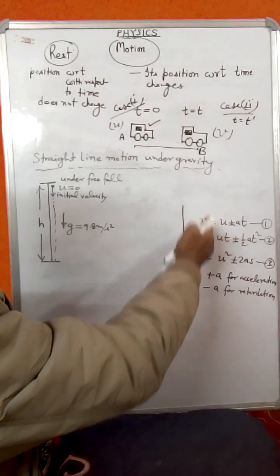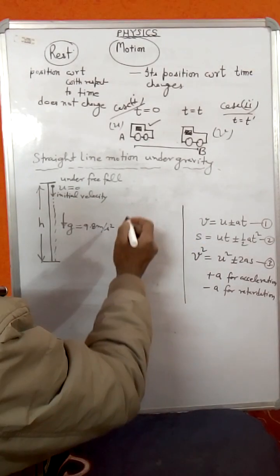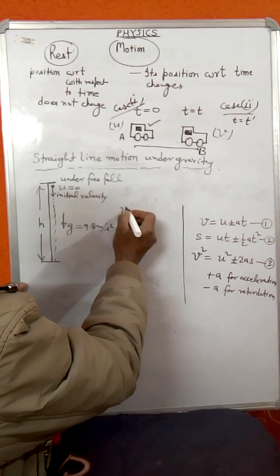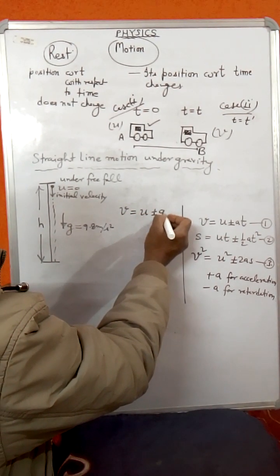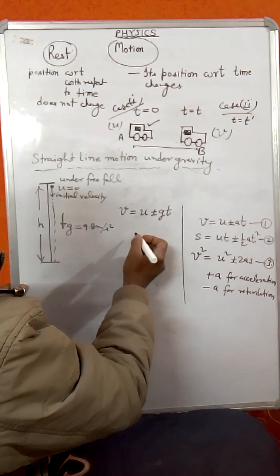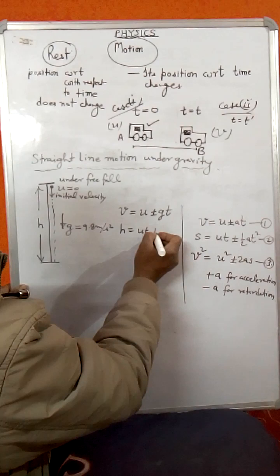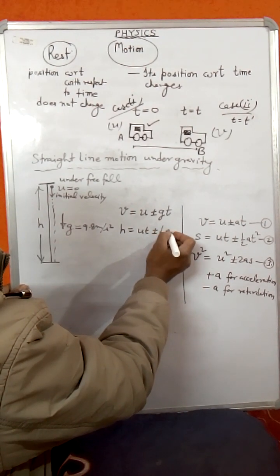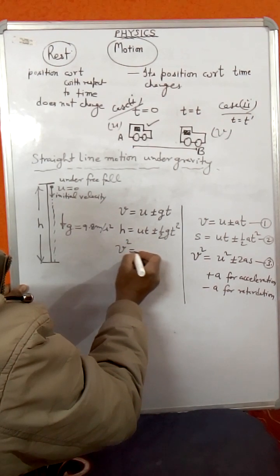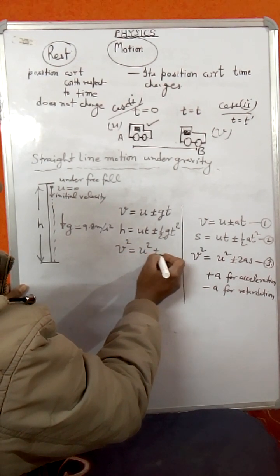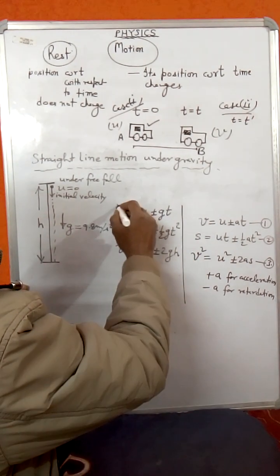So the same equations of motion in a straight line can be written as v is equal to u plus minus gt, and then h is equal to ut plus minus half gt square, and third, v square is equal to u square plus minus 2gh, right?